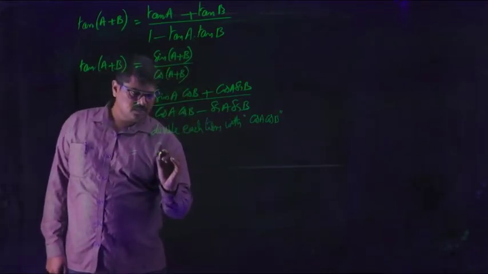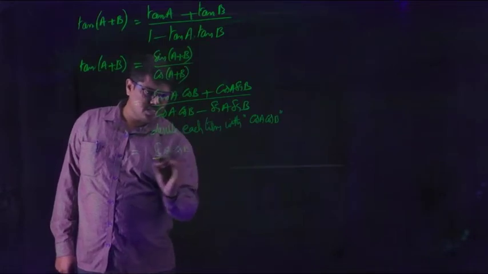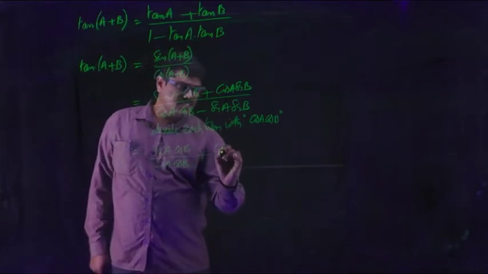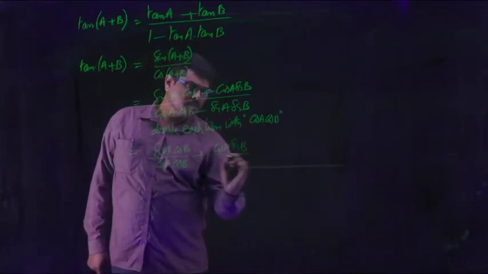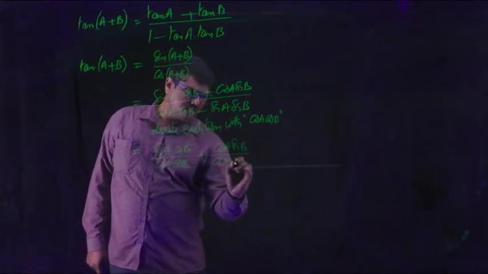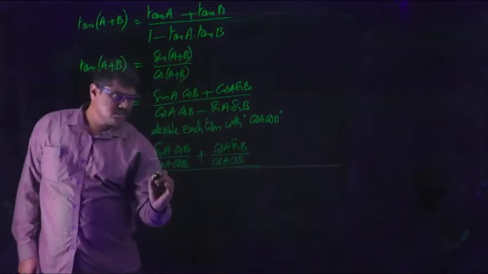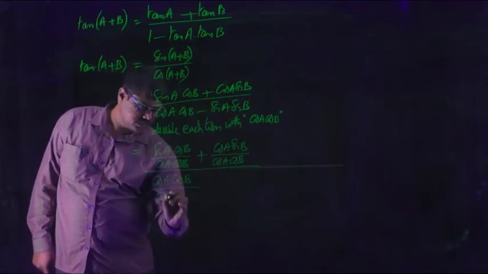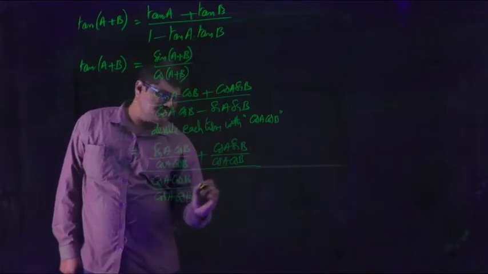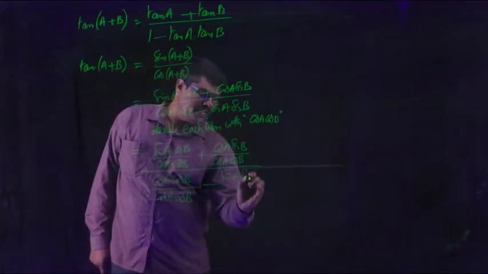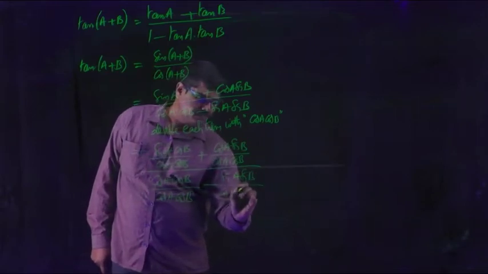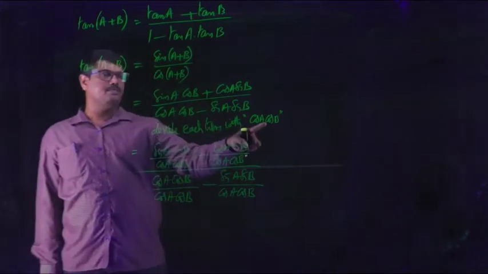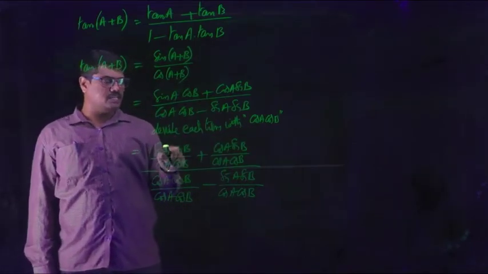So now observe sin A cos B by cos A cos B, cos A sin B by cos A cos B, cos A cos B by cos A cos B, minus sin A sin B by cos A cos B. So I am dividing each term here with cos A cos B. My intention is to get the answer in terms of tan.